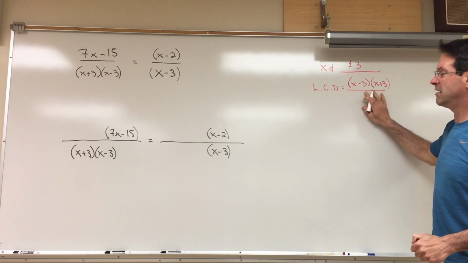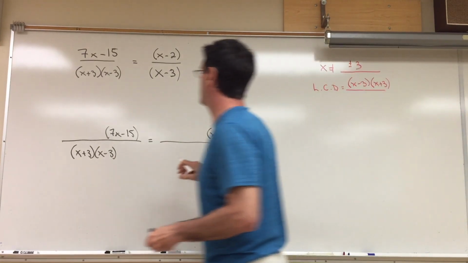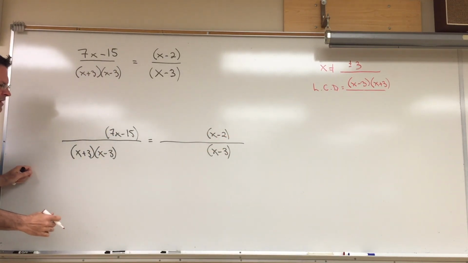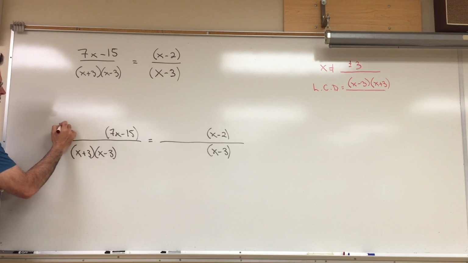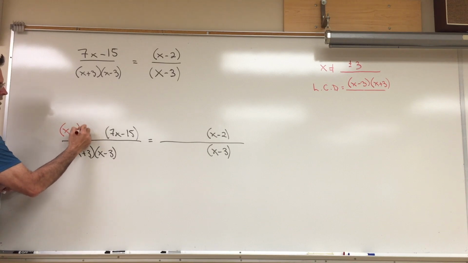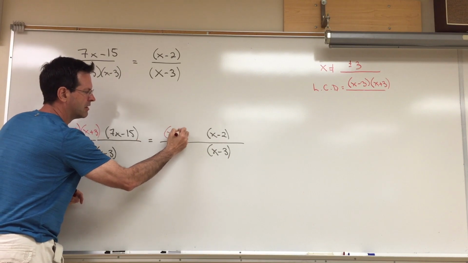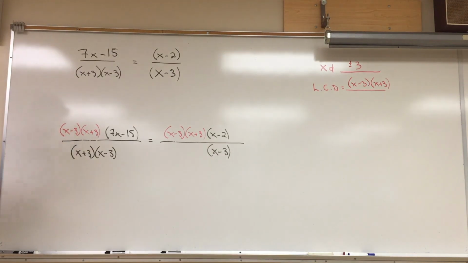We're going to multiply the LCD into the numerator of each term. I've separated it out by a long line to make this stand out, and I've already set it up. We'll put the LCD, x minus 3 times x plus 3, in the numerator of each term. Okay, there's our lowest common denominator.